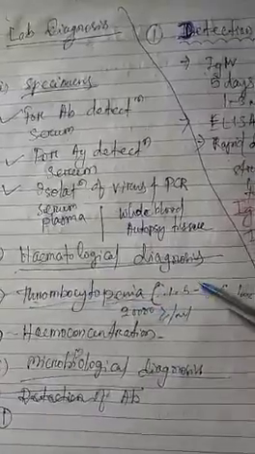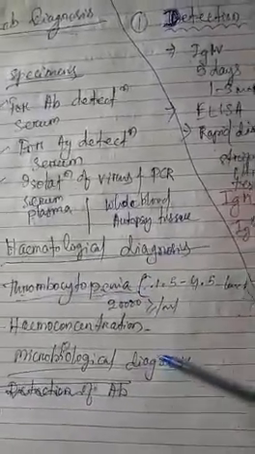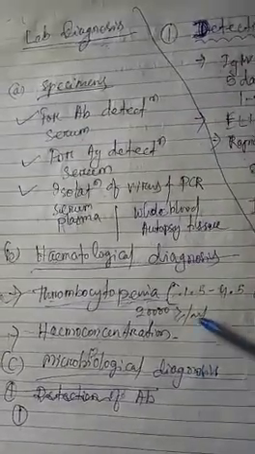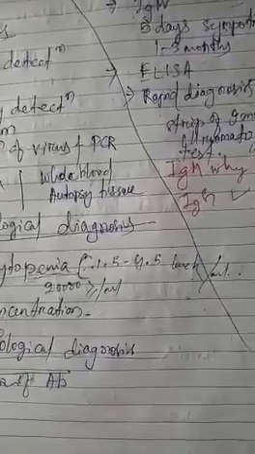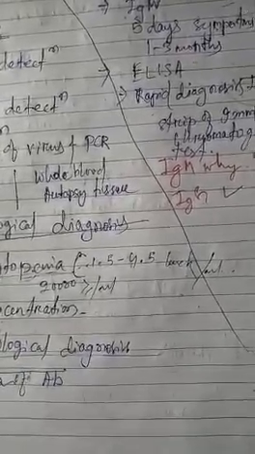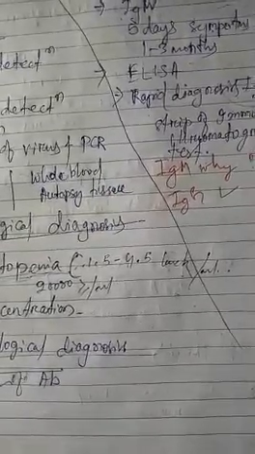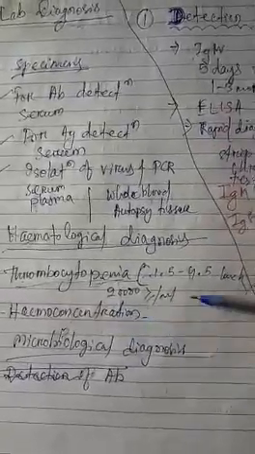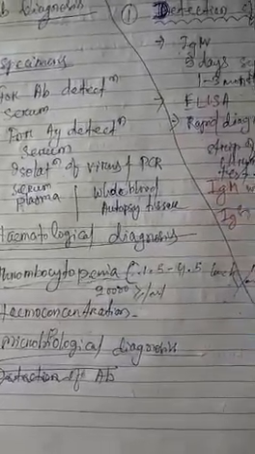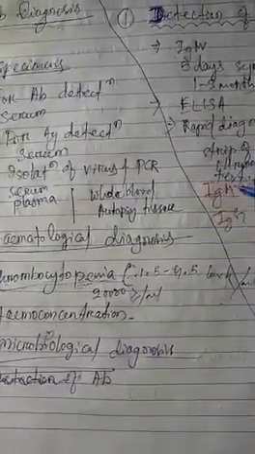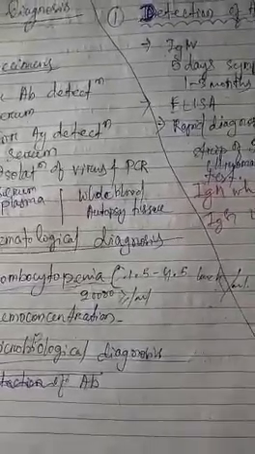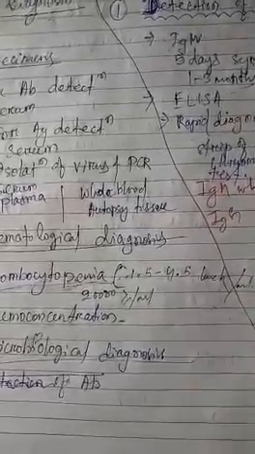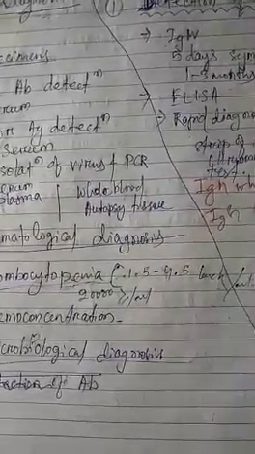Next is the hematological diagnosis. This includes thrombocytopenia, which is a disorder related to the blood and bone marrow. In this hematological diagnosis, we basically count the platelet number. In thrombocytopenia, the platelet number is lower than the normal count.